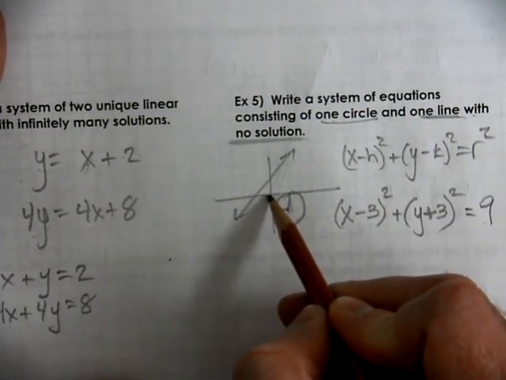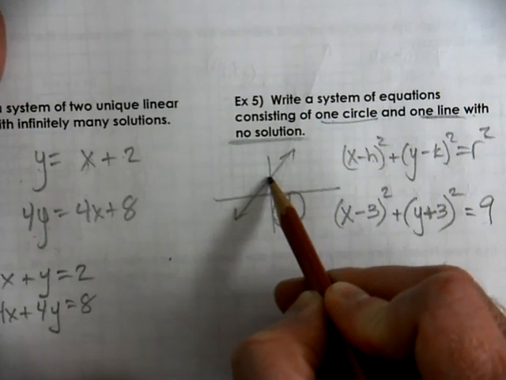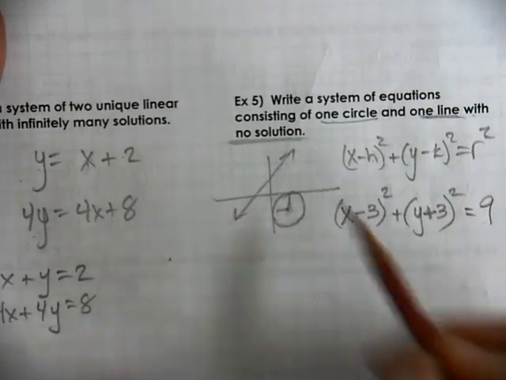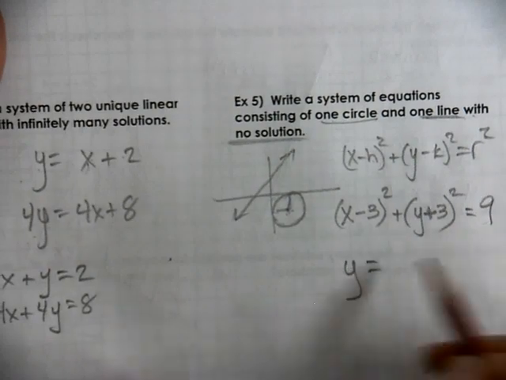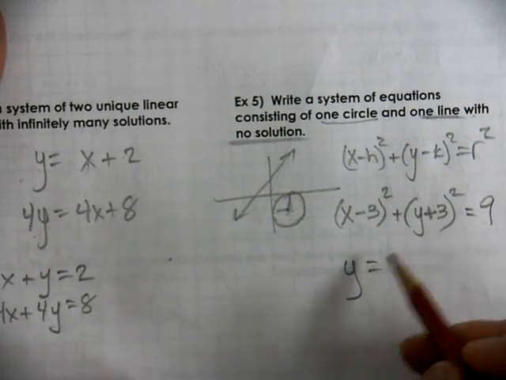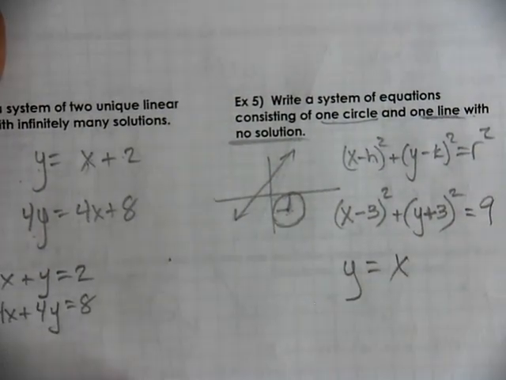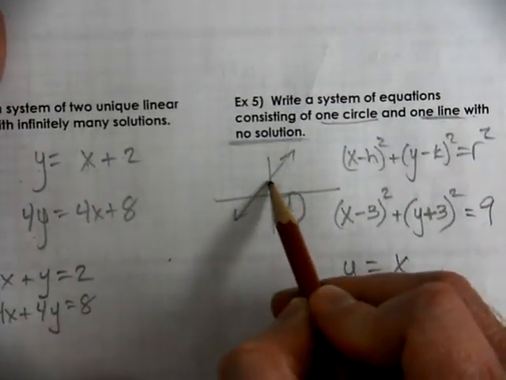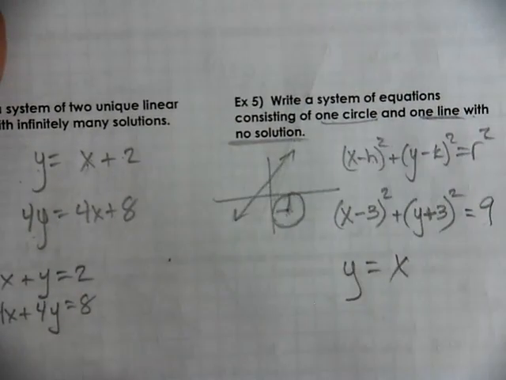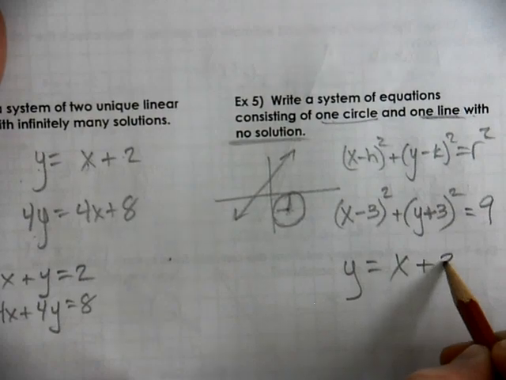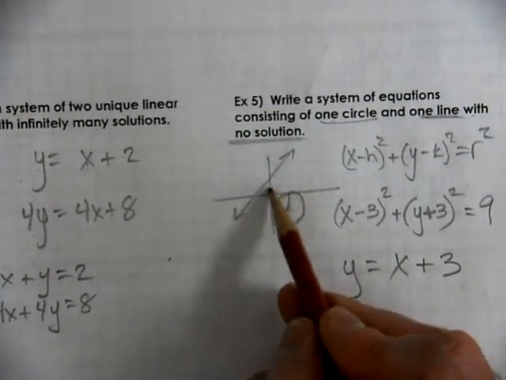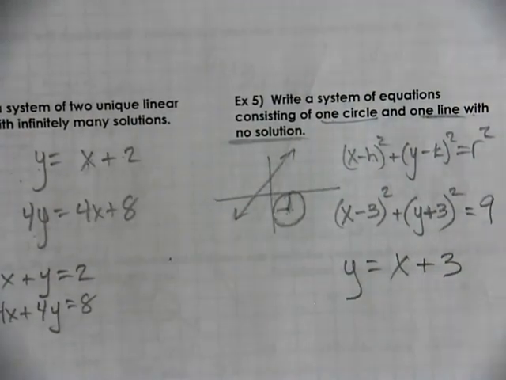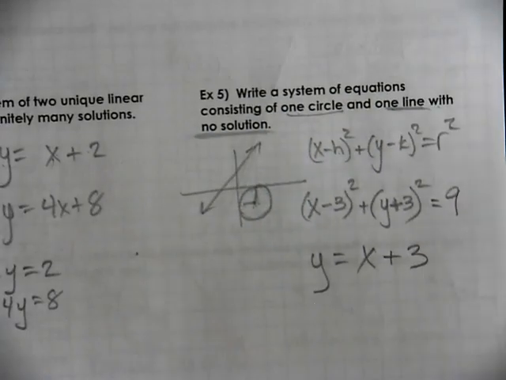So I need a slope that's positive, like 1x, that's fine, and a y-intercept that is positive. That's up maybe 3, and there you have it. There's a system of equations that consists of a circle and a line that do not intersect.